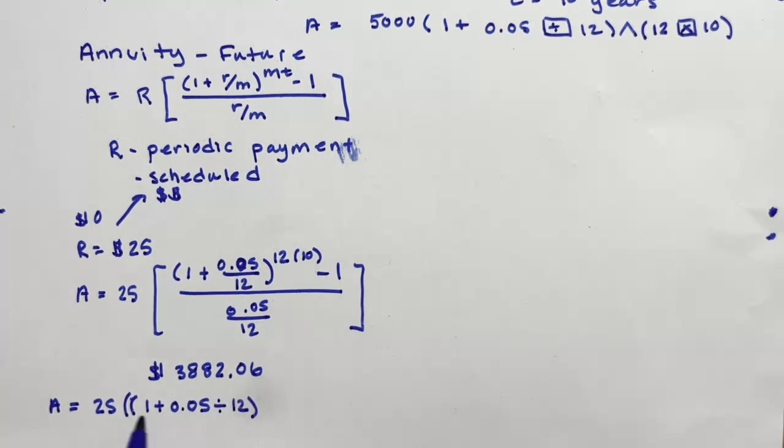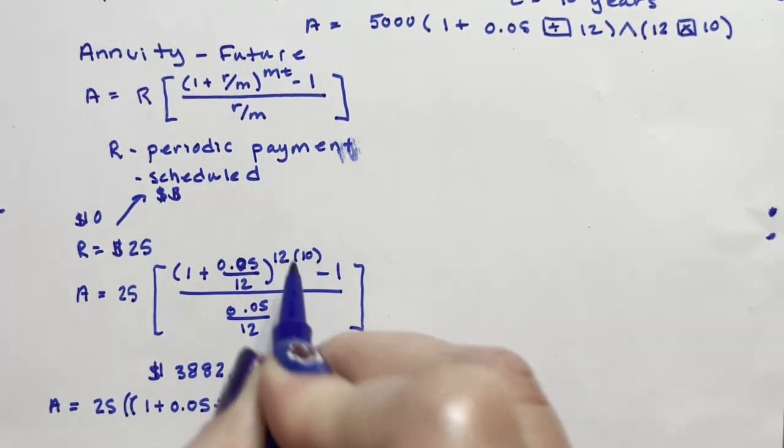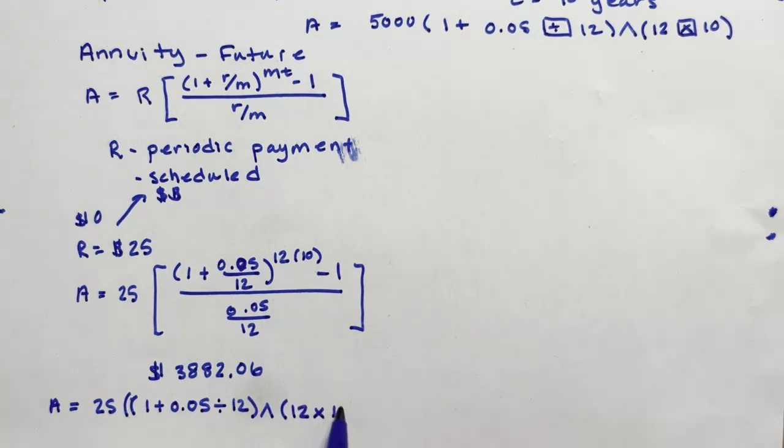That's a parenthesis to close off this parenthetical phrase. Caret, open parenthesis for the exponent, 12 times 10, close off the exponent, minus 1, close off the numerator, divided by, open parenthesis for the fact that the denominator has extra math in it, 0.05 divided by 12, close parenthesis. So 2 open, 1 close, open, close, close. That's all for the numerator. Probably should put a times there because we're multiplying there.